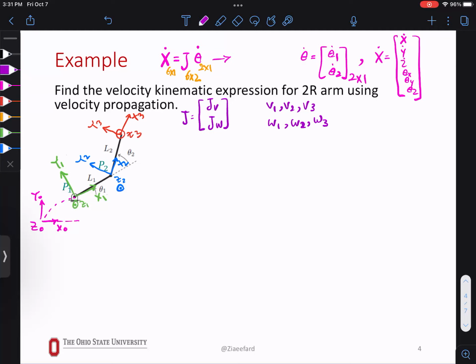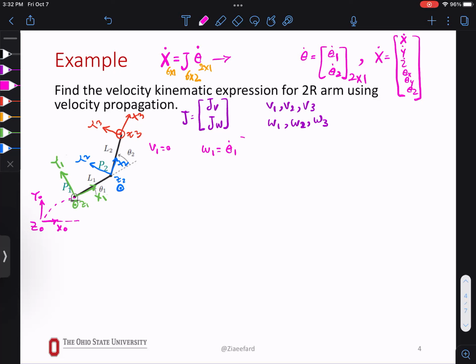Now, what is V1? Linear velocity at the first joint. 0. Nothing is happening. What is omega 1? Theta dot 1, right? And then you need to also show the z-axis for that. Because there's no joint before it, you had theta dot times the z-axis direction.